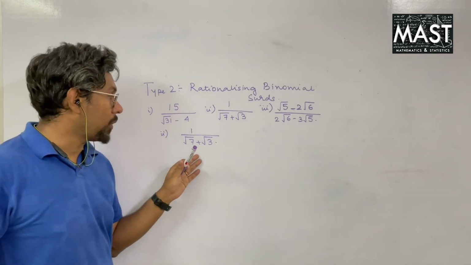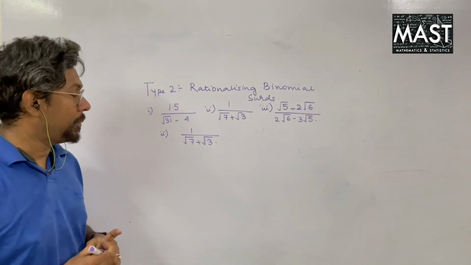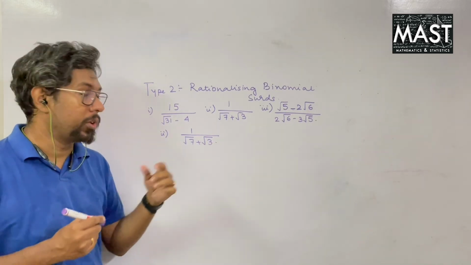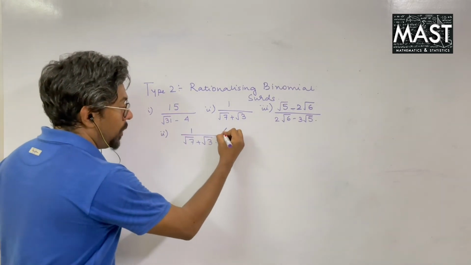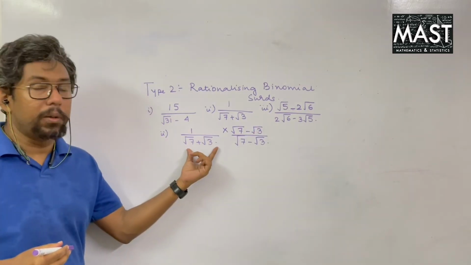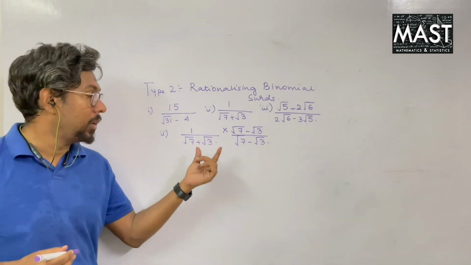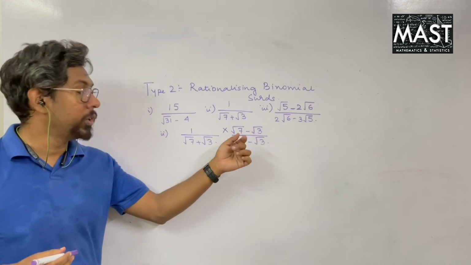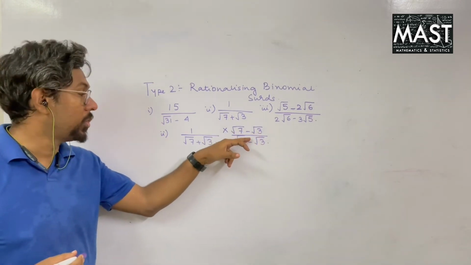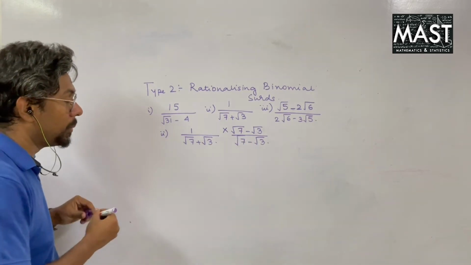In the second part also, we find that we have a binomial surd, root 7 plus root 3. So in this case also, we will multiply by its conjugate surd. Since we had a binomial surd, we are multiplying by its conjugate surd. That means we are multiplying by root 7 minus root 3, the numerator and the denominator both.